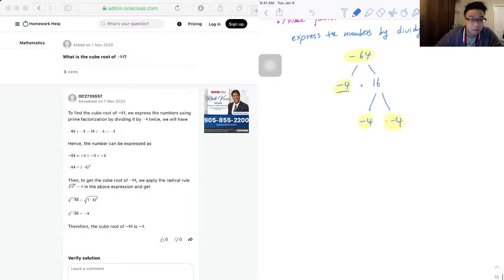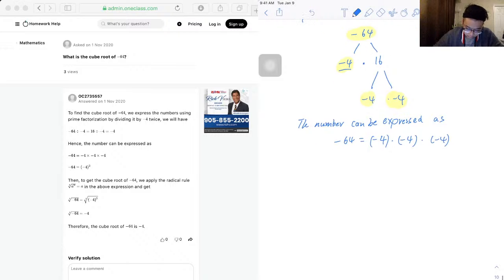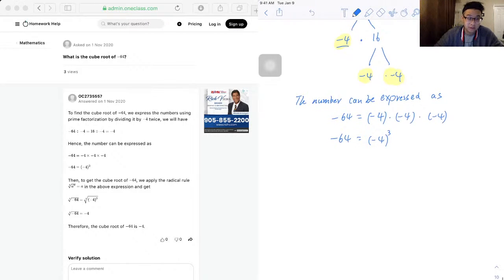Let's write it down here. The number can be expressed as -64 is equal to -4 times -4 times -4. Which means negative 64 is equal to negative 4 to the exponent of 3, because it multiplies itself 3 times.